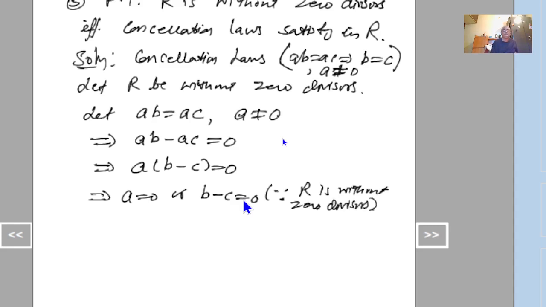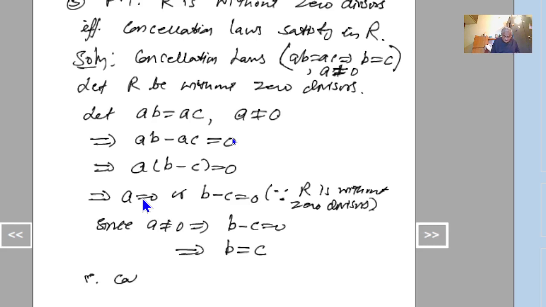Now since A is not equal to 0, the only possibility is B minus C equal to 0. This implies B is equal to C. So the cancellation law holds.